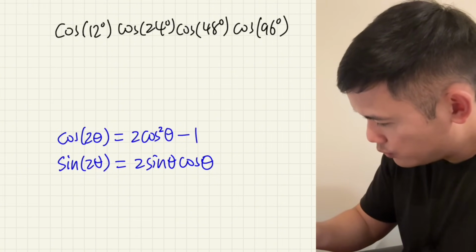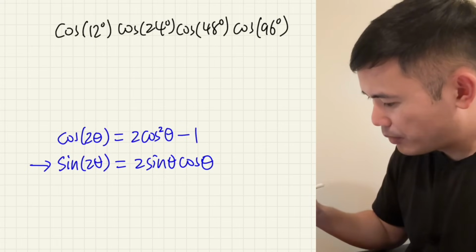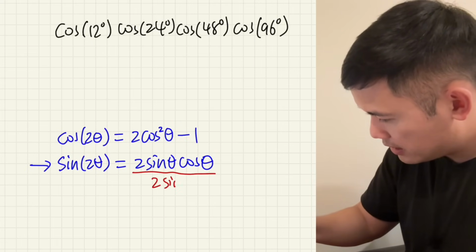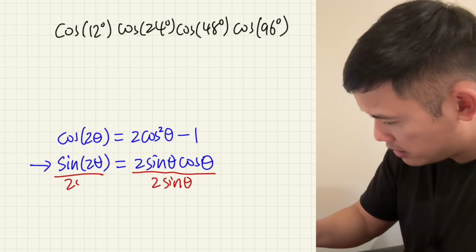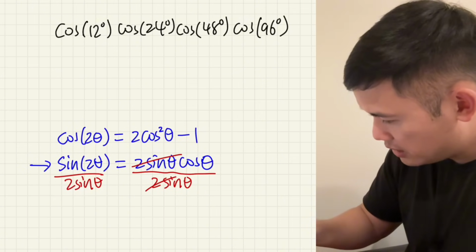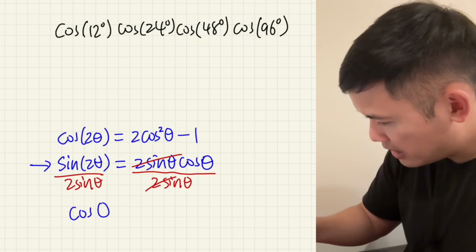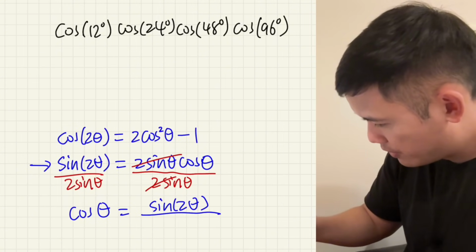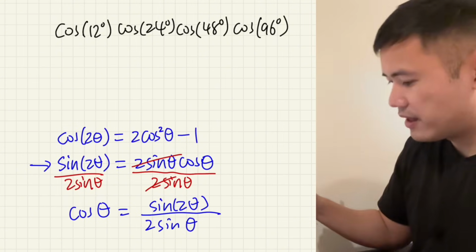So if you look at this one right here and divide both sides by 2 sine theta, we can say cosine theta is equal to sine 2 theta over 2 sine theta.